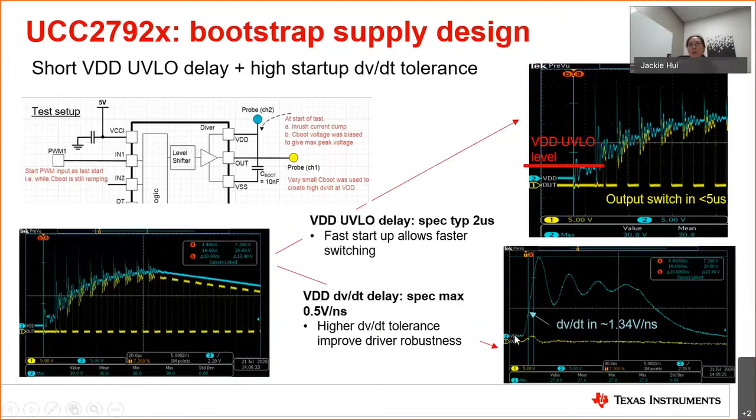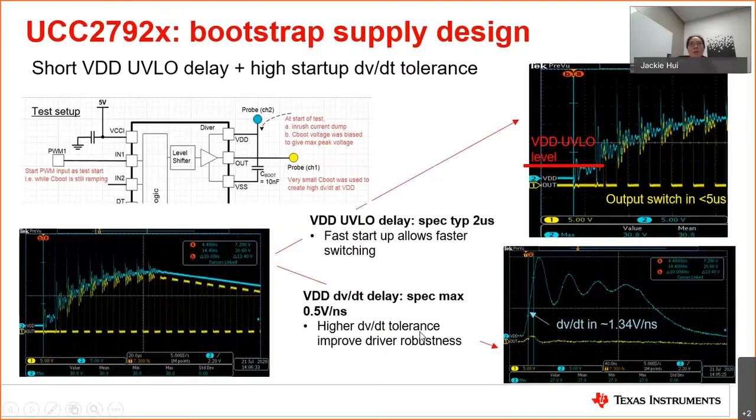The first one is, when we look at the zoomed-in capture here, you can see that with this setup, we are able to create a very high dV/dt, about 1.3 volt per nanosecond. This device is specified with a max of 0.5 volt per nanosecond, so you can see how robust it is.